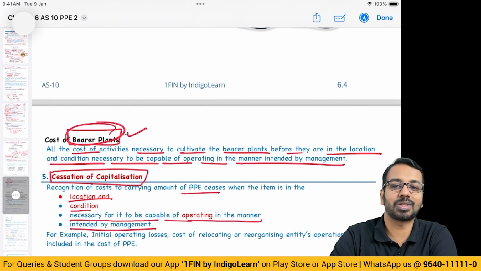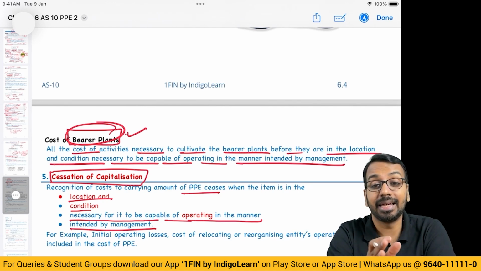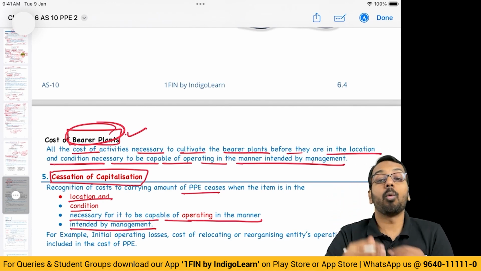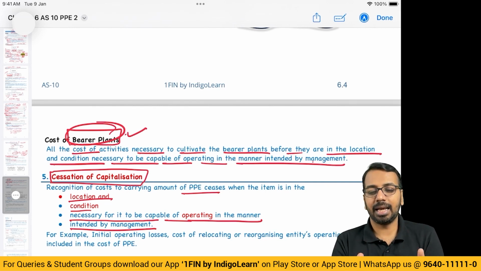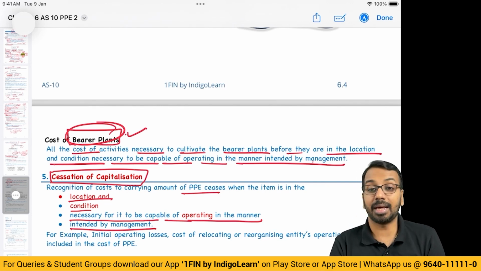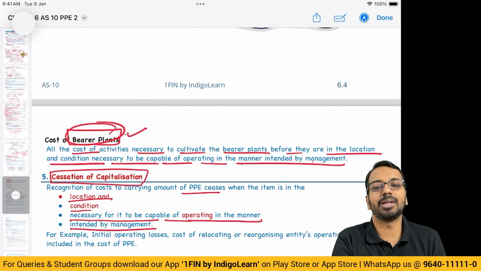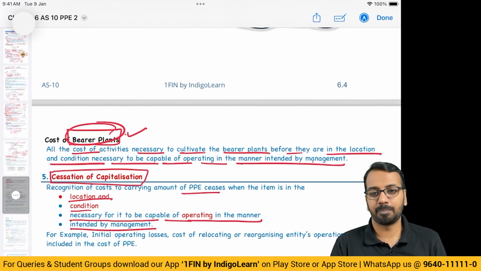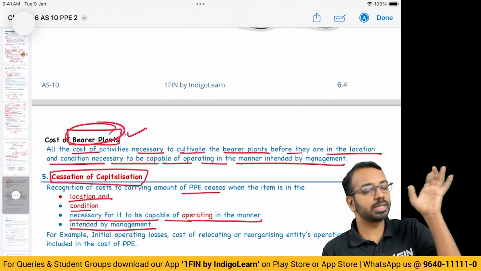So all those costs till the time it is ready as intended by the management, you will capitalize. Once it is ready for operation, subsequent cost you will not capitalize unless it meets the definition of PPE. What do I mean by that? Say for example, we bought an AC. We installed it towards this wall of the room.